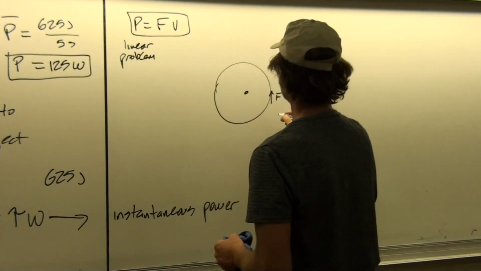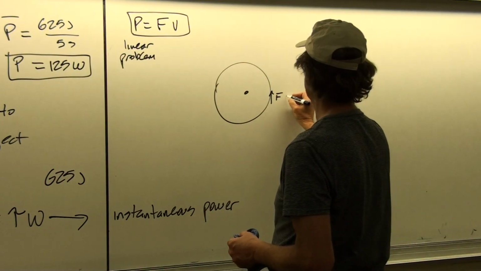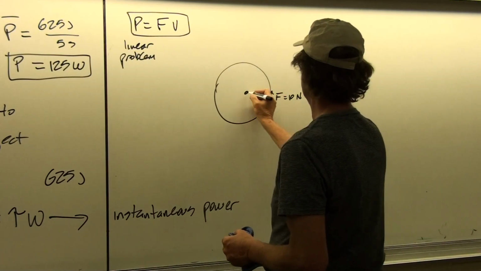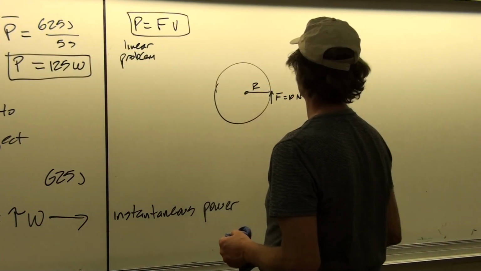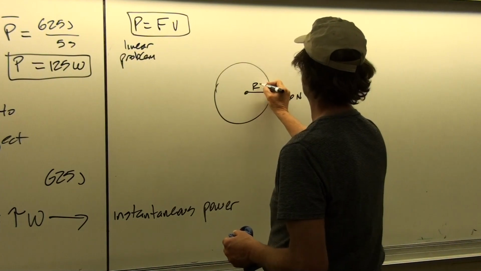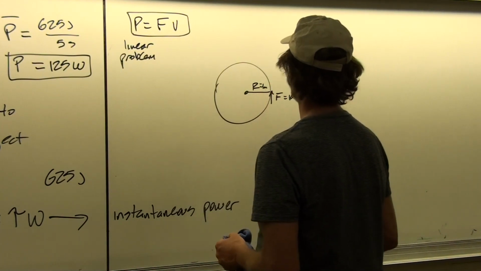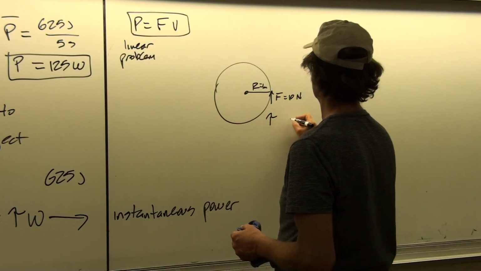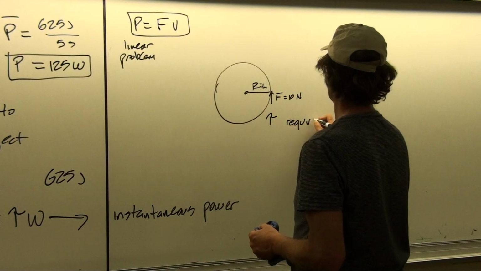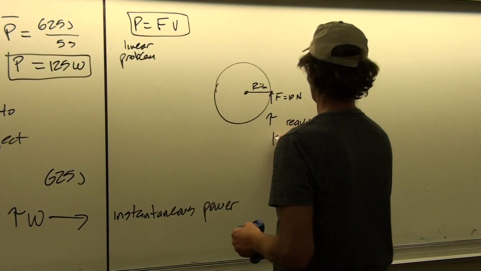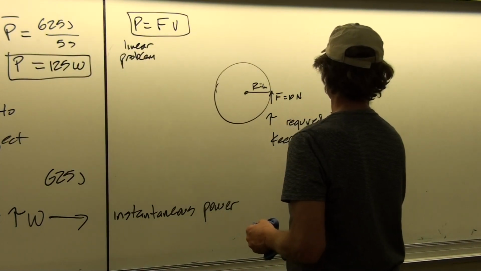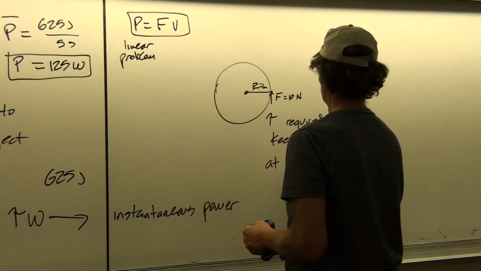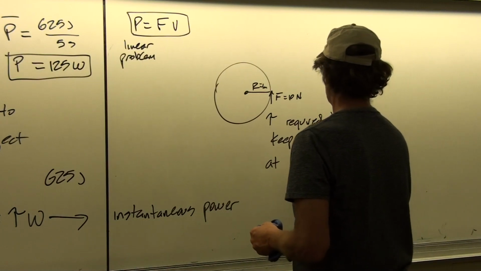But in this problem, let's say that we have to apply a 10 newton force through a radius vector of 1 meter in order to keep omega constant at 60 revolutions per minute.